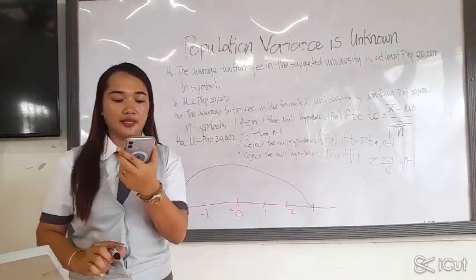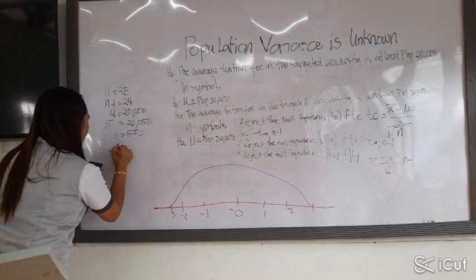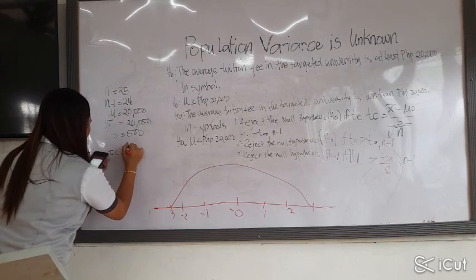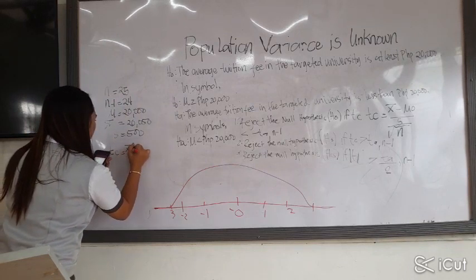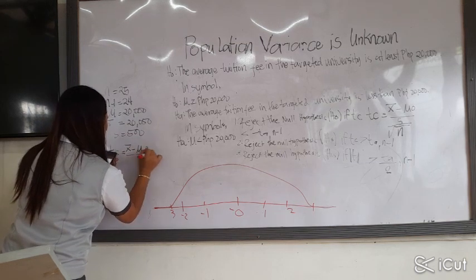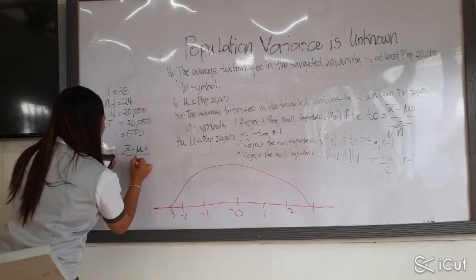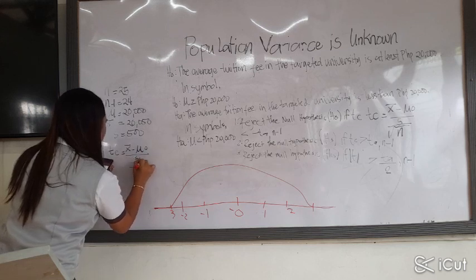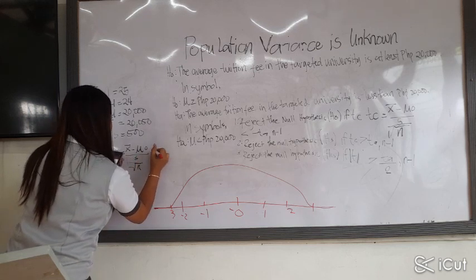Hence, the computed test statistic is t sub c equals the sample mean minus mu, divided by the sample standard deviation over the square root of the sample size.